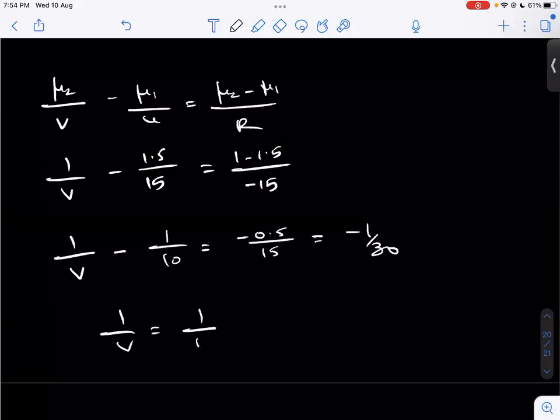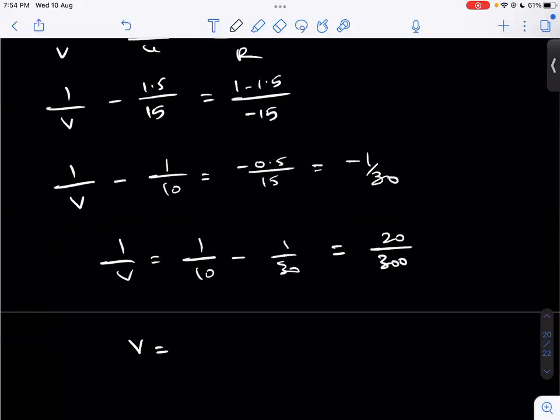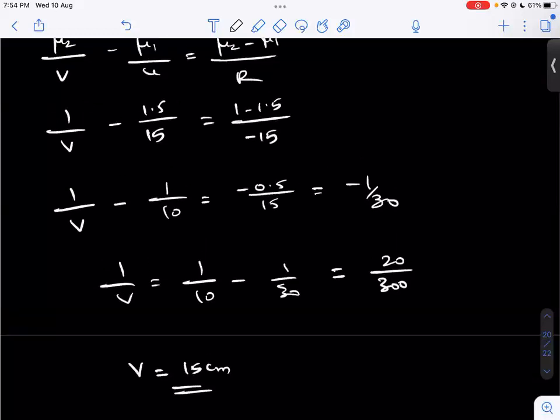So 1 by v is equal to 1 by 10 minus 1 by 30. How much is it? Correct only, no? 1 by 10 minus 1 by 30, so 20 divided by 300. Same mistake again, it is plus 1 by 30 applying. 1 by 10 plus 1 by 30 is 40 divided by 300.